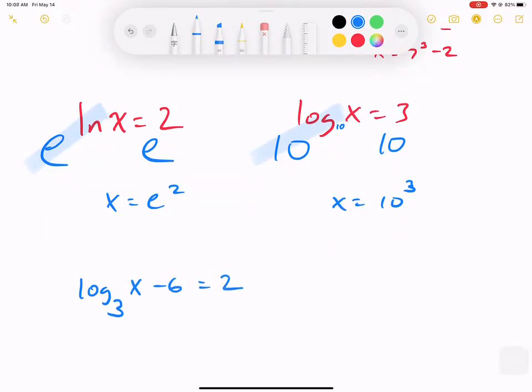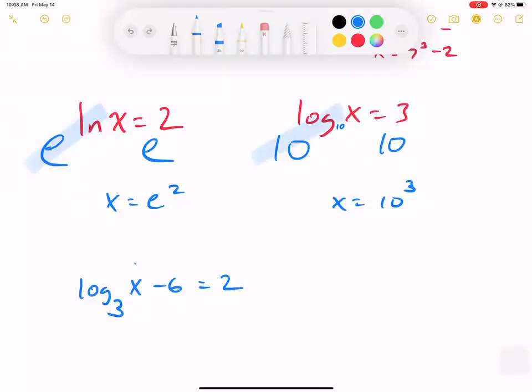Okay. So what happens here? Well, please take note. Is the 6 inside the log or not? Because if it was, I would have purposely put a parentheses. I didn't forget the parentheses. There is no parentheses.